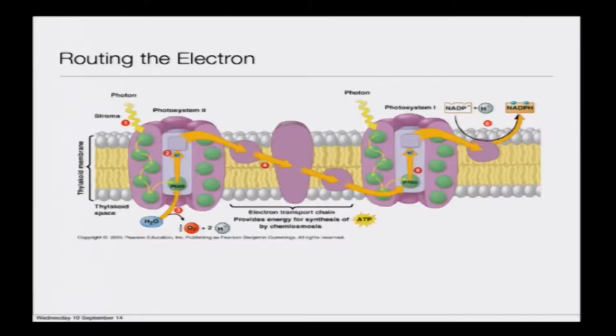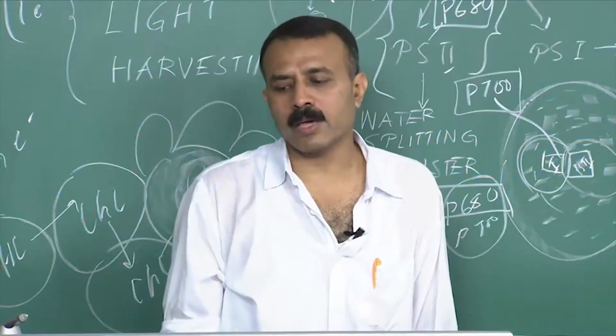And then this electron brings back the P700, which simultaneously, at number 5, if you look at it, got into the excited state by getting oxidized, and the electron which is ejected by photosystem 1 is then used by another enzyme called NADP reductase to make an energy rich molecule called NADPH.